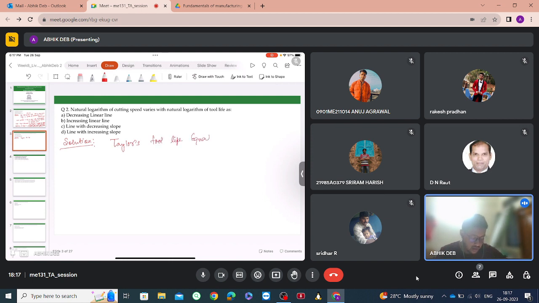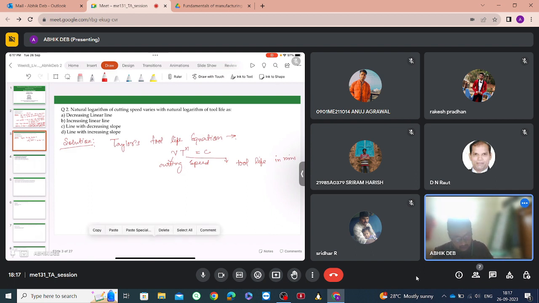By Taylor's tool life equation, V t to the power of n is constant, where V is the cutting speed and T is the tool life in minutes. Now, if we take the natural logarithm on both sides, what is the natural logarithm?